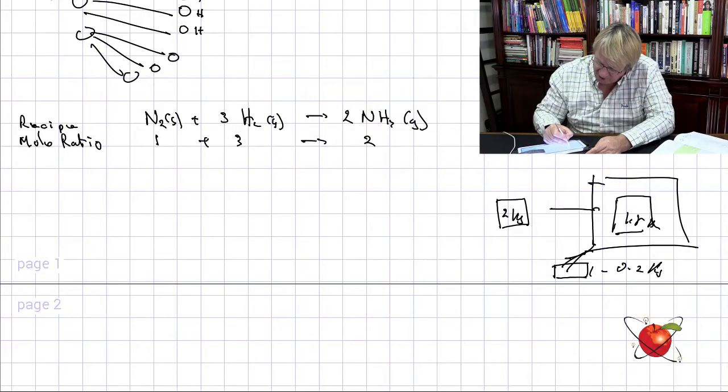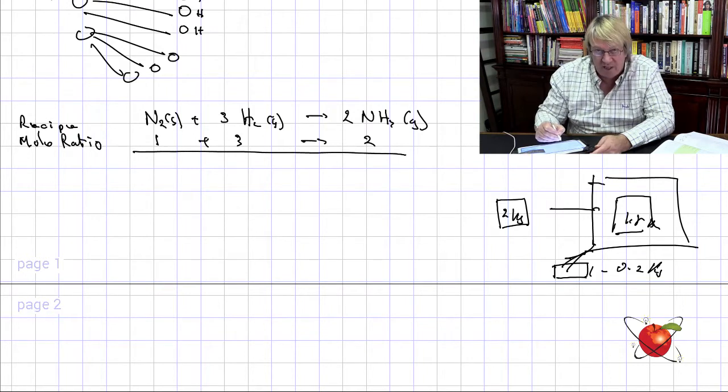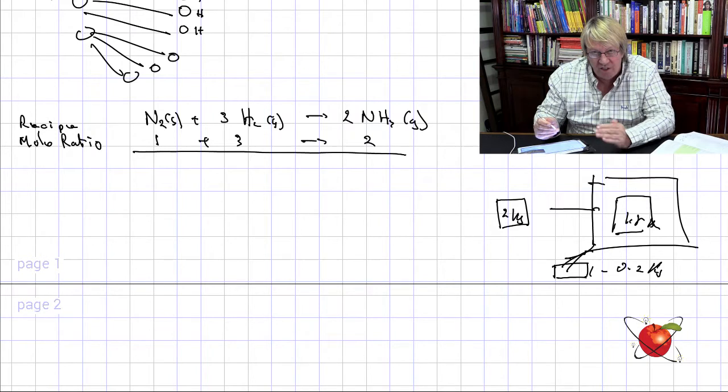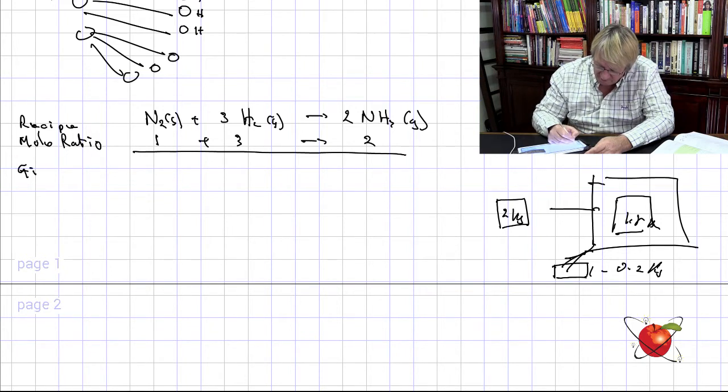Let's go back to our thing. Now, in this we say, okay, that's the recipe, the mole ratio. The next thing is we draw a line under that. You can even put the mole ratio in a different color if you wish, just to remind you that you don't use it straight off. The next situation is to say to ourselves, okay, what are we given and asked for?